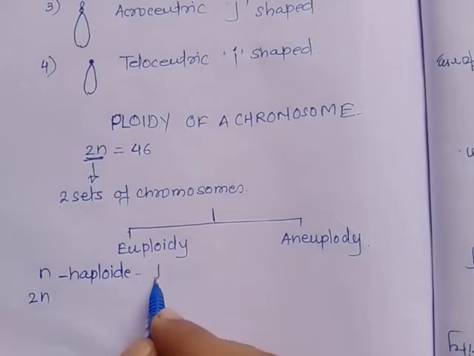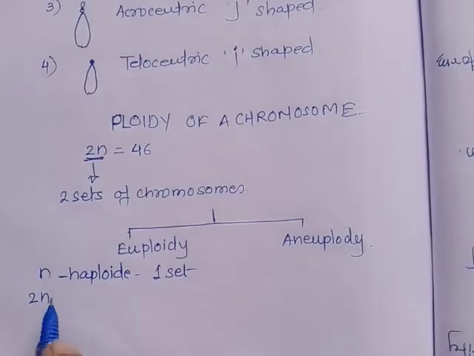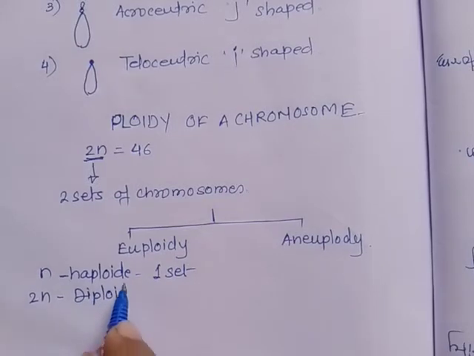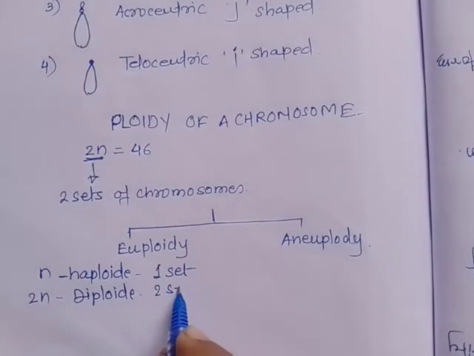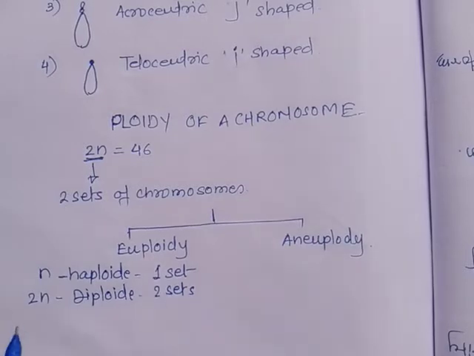Only one set of chromosomes is present in a haploid organism, and two sets of chromosomes are present in a diploid.